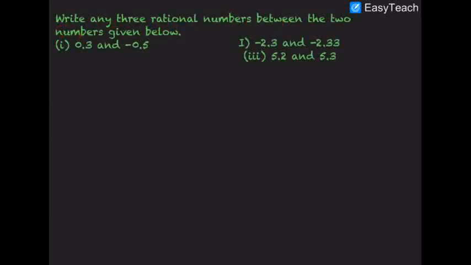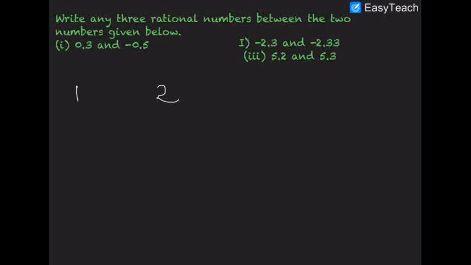The next problem is to write any 3 rational numbers between the 2 numbers given. Here 2 numbers are given, and we have to find 3 rational numbers between them. Before doing that, let us find the rational numbers between 1 and 2.